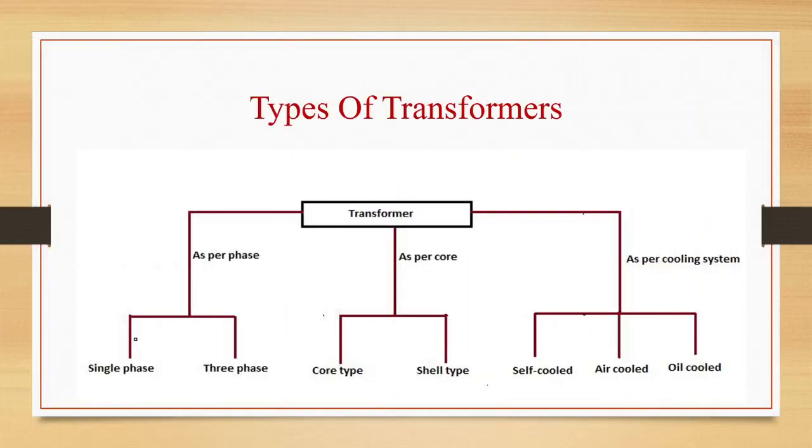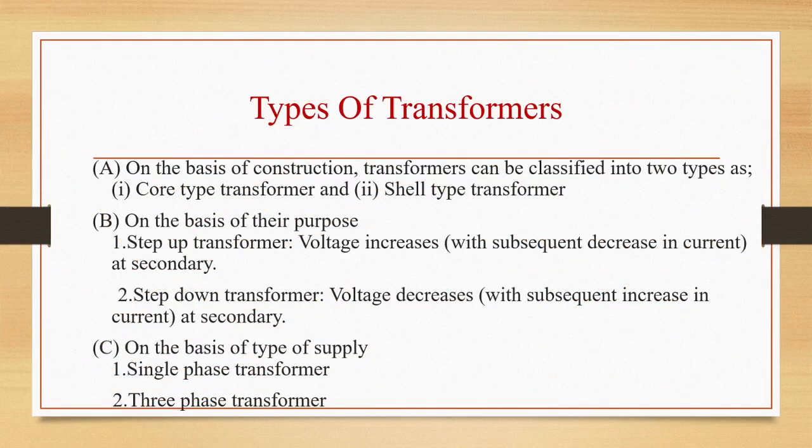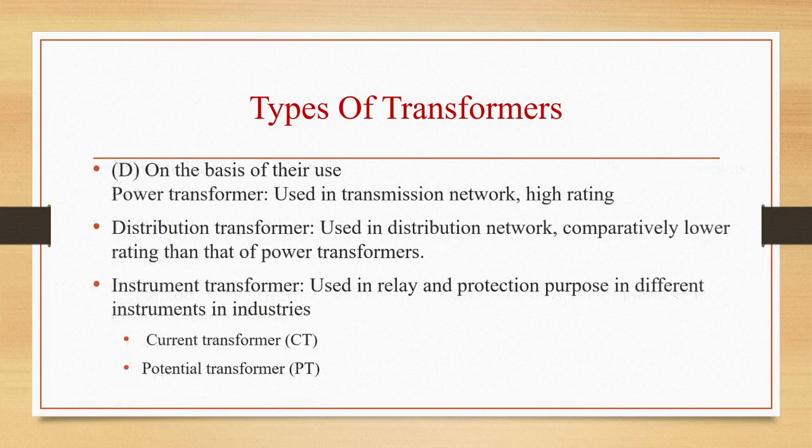Types of transformers: as per phase, as per core, as per cooling system. There are various types. On the basis of construction, core type and shell type. On the basis of their purpose, step up and step down. On the basis of type of supply, single phase and three phase. And on the basis of their use, power transformer, distribution transformer, and instrument transformer.